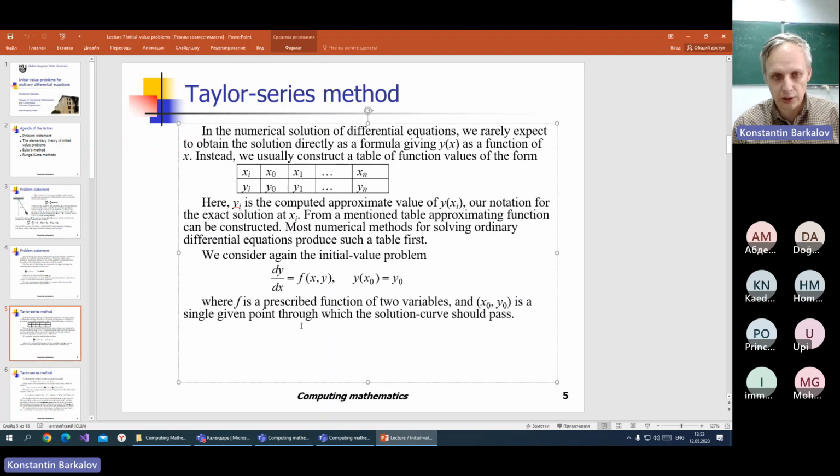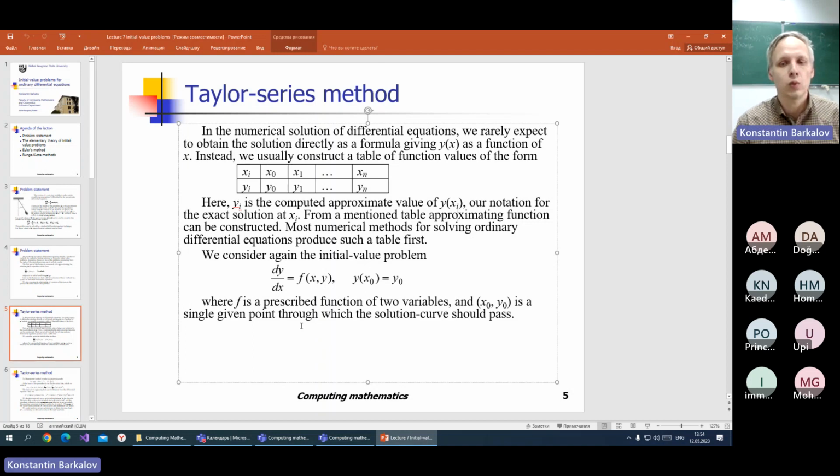We know this function. In some cases, this function may be very simple, just x or just y, or maybe y plus x or x times y, something like this.